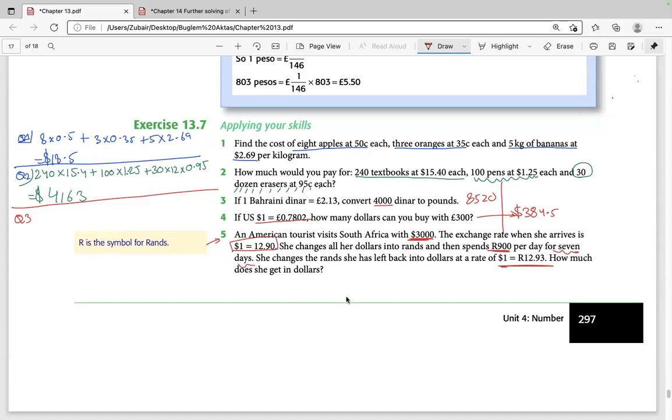How much does she get in dollars? 2,505.8. Very good. 2,505.8 dollars.